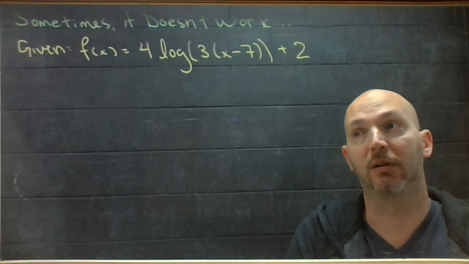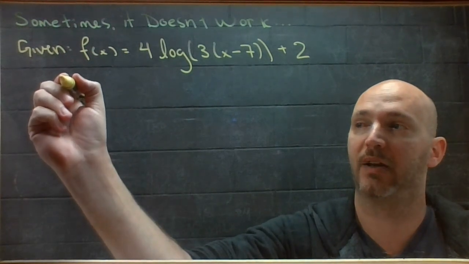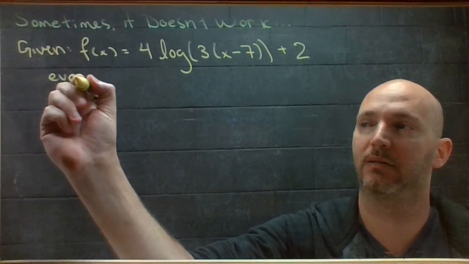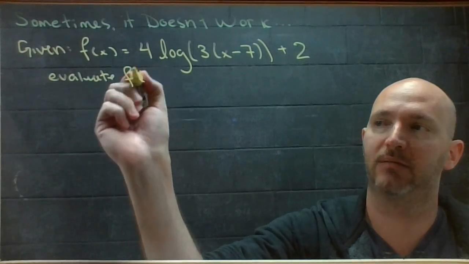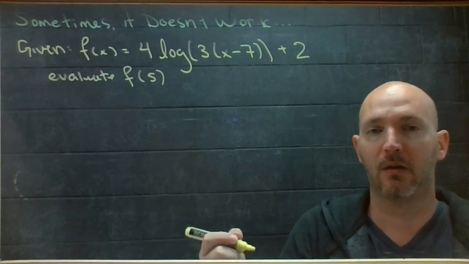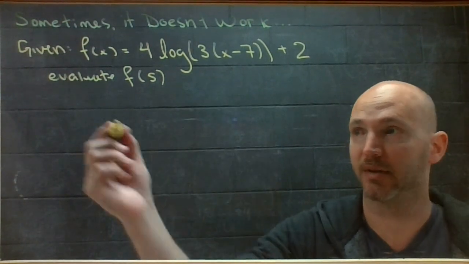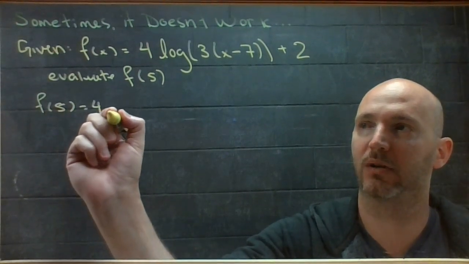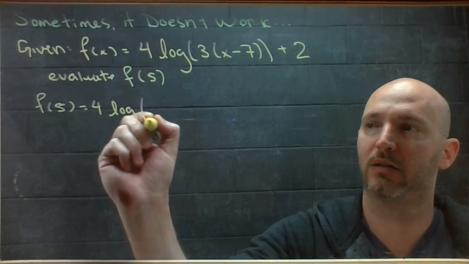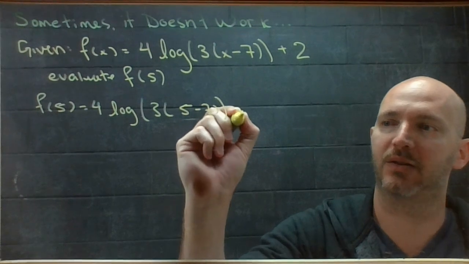So if you are trying to work with a logarithm and you are asked to evaluate, say, f at 5. So we're going to put the 5 into that expression like we always have been doing. F at 5 is 4 log 3 of 5 minus 7 plus 2.